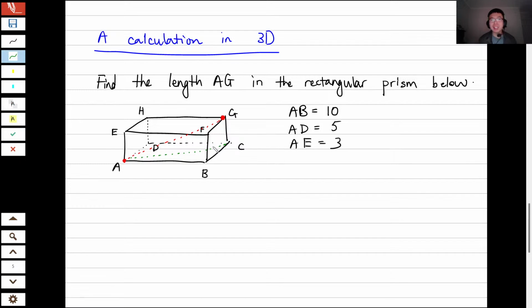The key here is to recognize that there are actually right-angled triangles that we can use to get to AG. So what I'm going to do is start with the triangle on the bottom, A, B, C. I colored it in green, so I'll color that line green. And then there's another right-angled triangle, ACG.